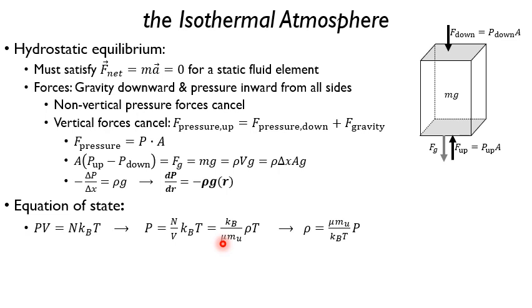However, this is the mean molecular weight, basically the average molecular weight. Mu is what you'd use instead if you have a fluid with multiple components. So finally the pressure is equal to the density times temperature times some constant, or you can change it here and have the density in terms of the pressure.